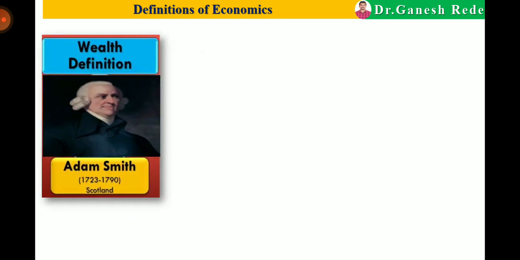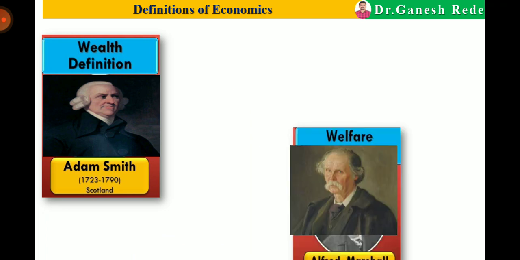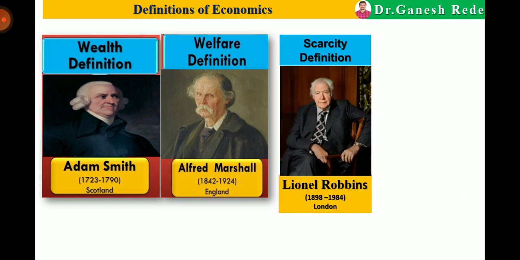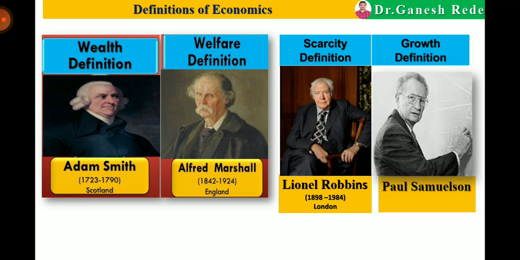The first is the wealth definition of economics, given by Adam Smith, who is from Scotland. Another is the welfare definition of economics, given by Alfred Marshall. Next is the scarcity definition, given by Lionel Robbins, and the last is the growth definition, given by Paul Samuelson.